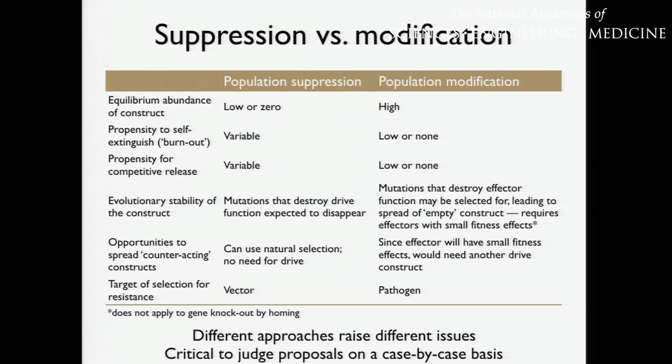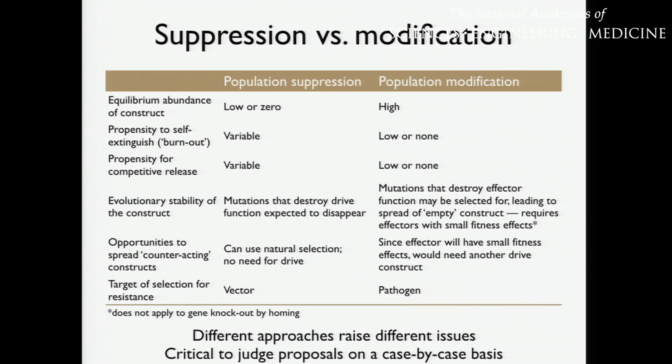The propensity to self-extinguish or burn itself out is a property that will sometimes occur with population suppression approaches, and is unlikely to occur with modification ones. Similarly for competitive release, where you're changing the numbers of one species, that may in some circumstances have effects on other species. For population suppression, that's going to be more likely an issue than with modification.